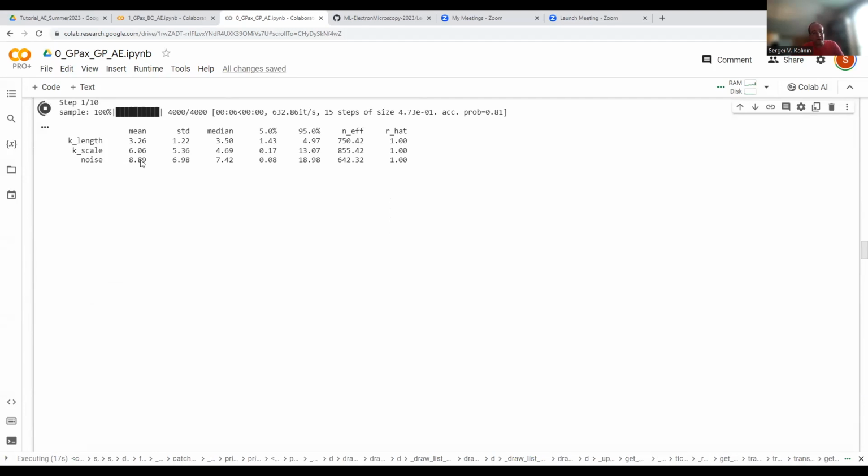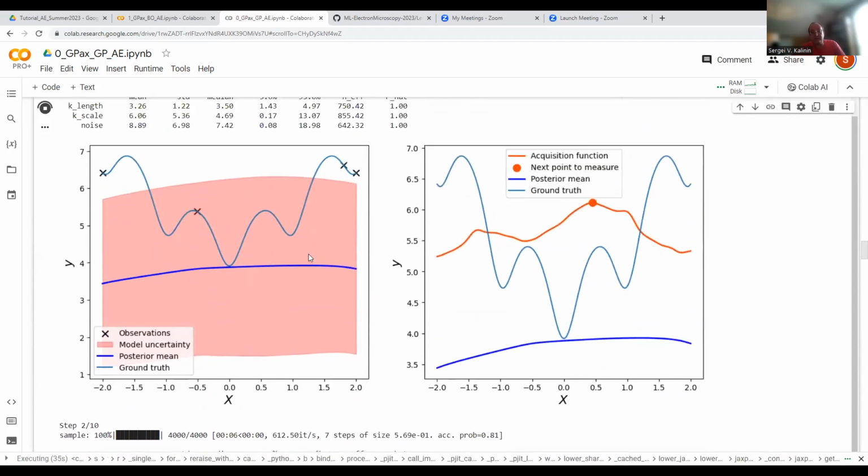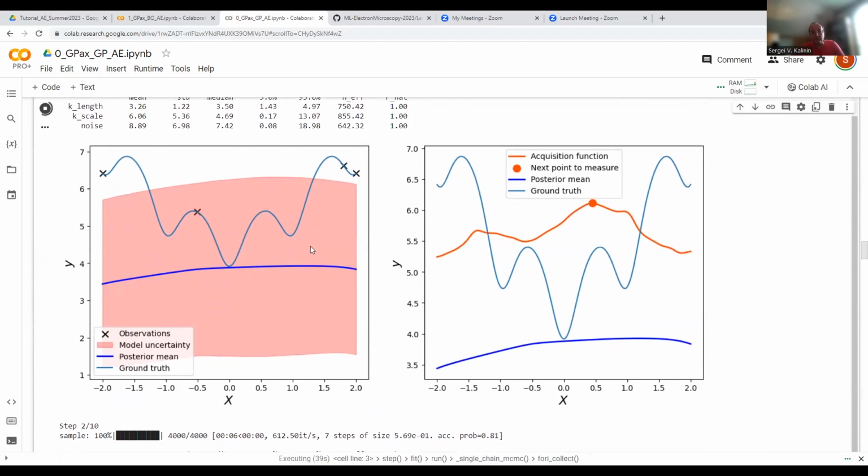Now the noise prior is about 8. So basically, if these are my measurements, this is what the algorithm reconstructs. It has absolutely no relationship with the ground truth. And that's what we expected, because we said that we don't trust our measurements at all.